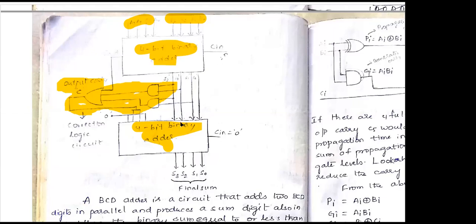To the sum obtained, again we are adding a 6 now. This 6 will be added and finally you will get the sum like this.